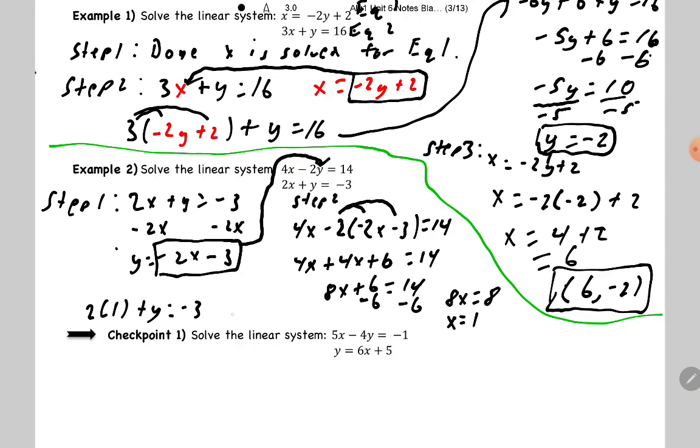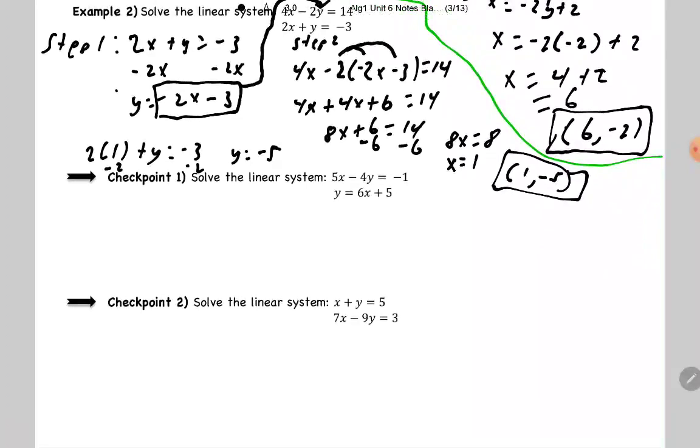I'm going to subtract this 2 from both sides, because 2 times 1 is 2. So y equals negative 5. So my answer is 1 comma negative 5.